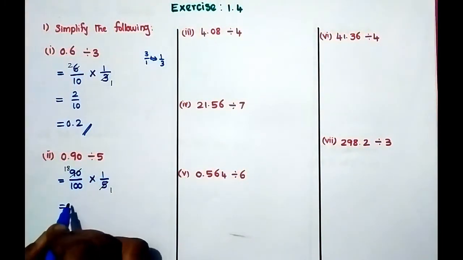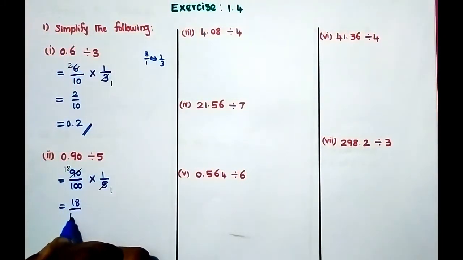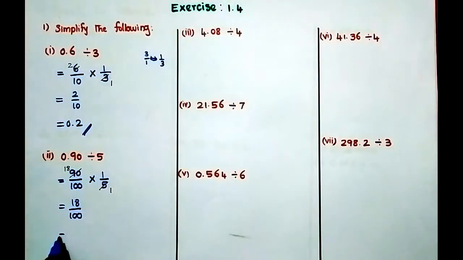So what is the remaining number? 18 divided by 100. So before 2 digits we have to keep the point. There is no number, so put 0. So 0.18 is the answer.